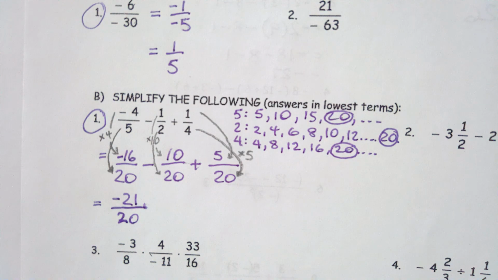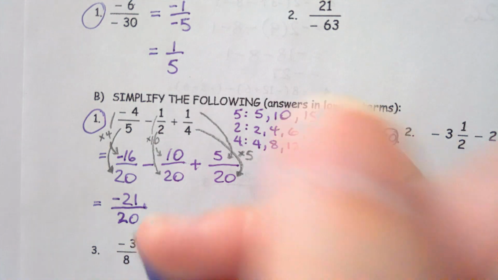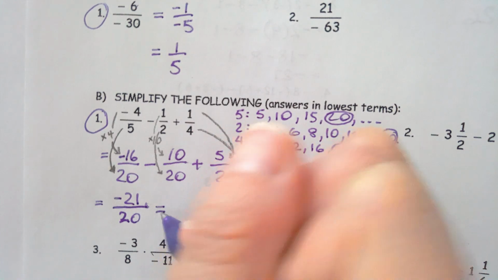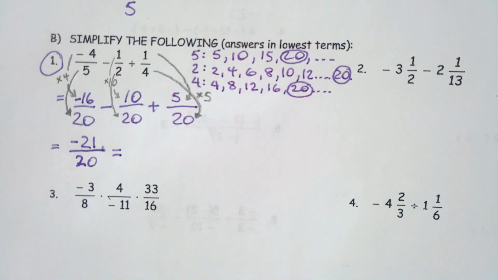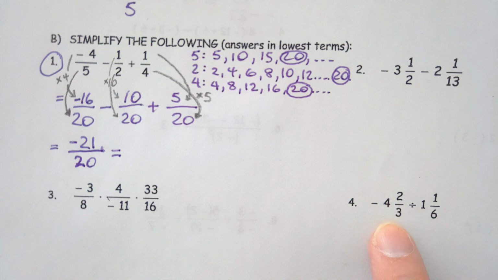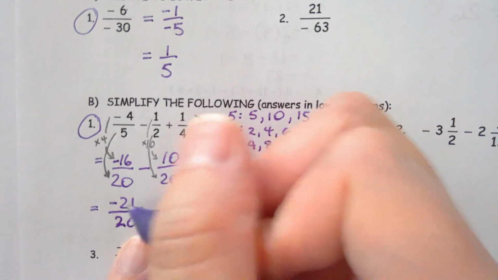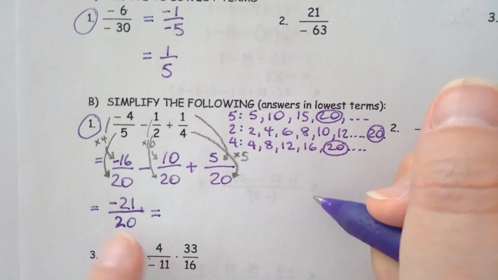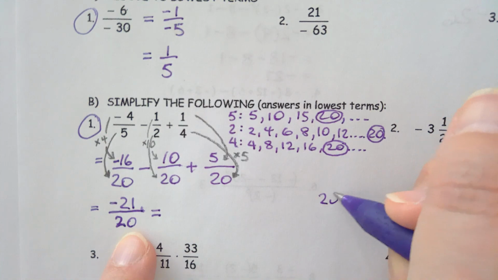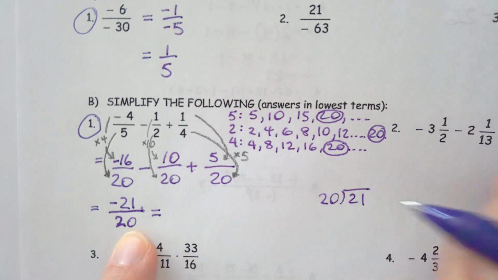So in grade 9, we like to make it fancy. So we like to change it to a mixed number form, something like this. Right? So to change it from an improper fraction to a mixed number, we do long division.